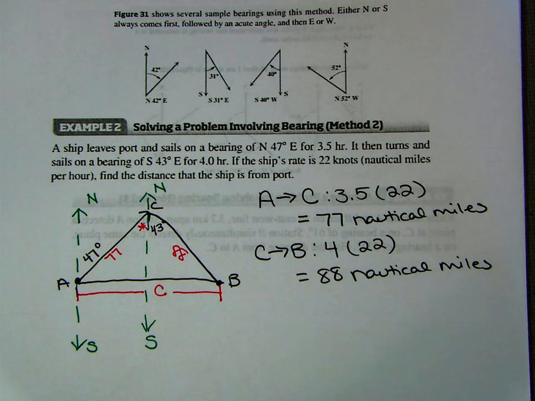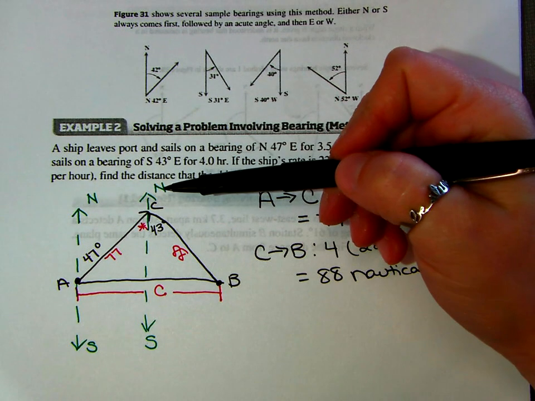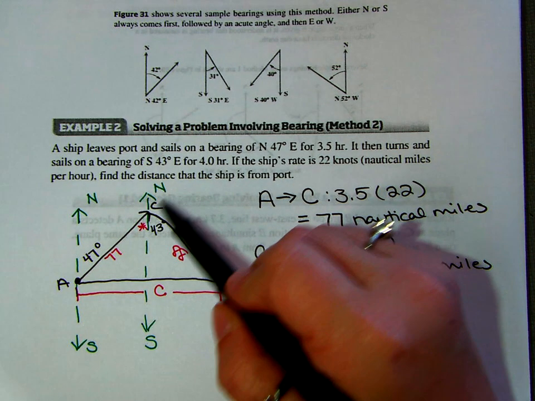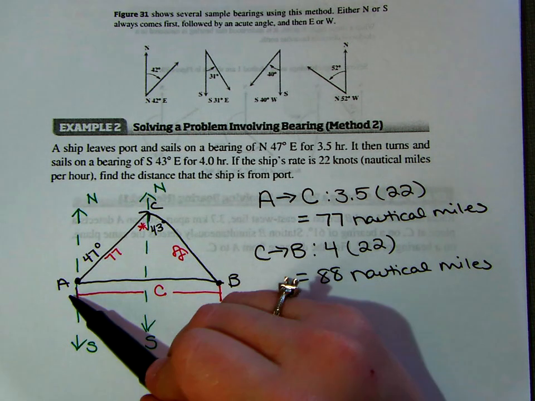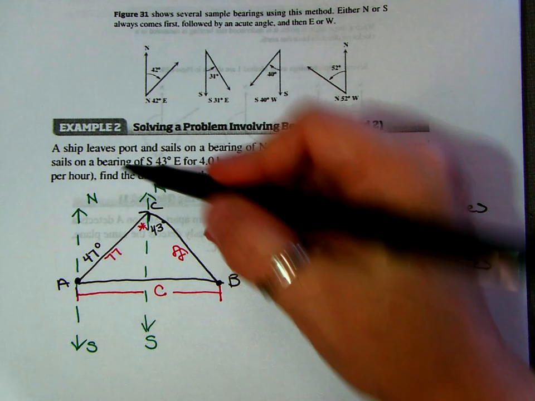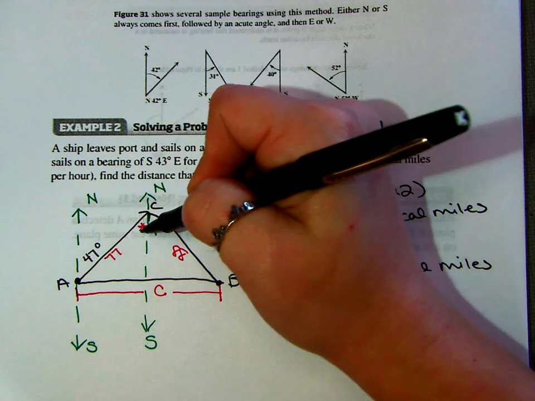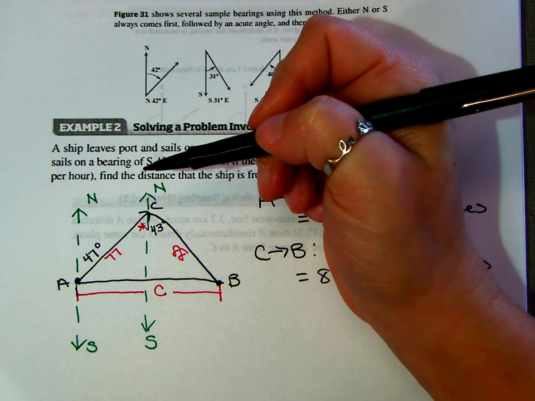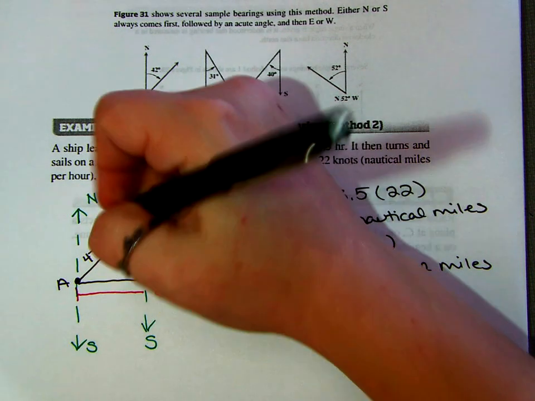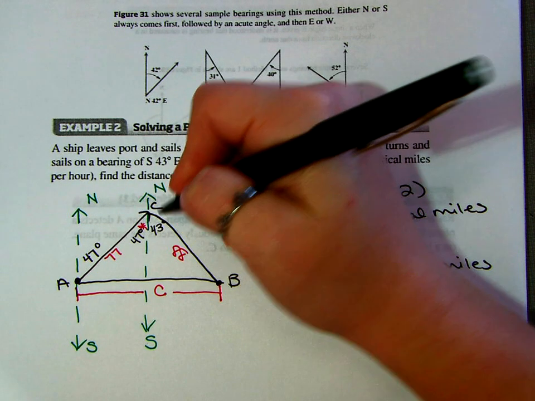Something I want you to notice is that when we drew these two north-south lines in here, we drew parallel lines, and this side of our triangle cuts them like a transversal. We just tested over this on Monday. So if we're looking at this, we have alternating interior angles, and that means they're the same. That means 47 degrees is what this little flower is right here. And 47 plus 43 is what? 90 degrees.